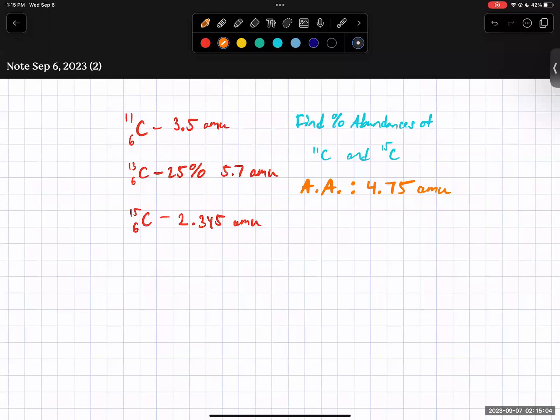So we would get 4.75. We know that a number times a number is just a number, so we would get minus 5.7 times 0.25 equals. We have to distribute this into there. So 3.5 times 0.75 minus 3.5 y, so plus 2.3 y.